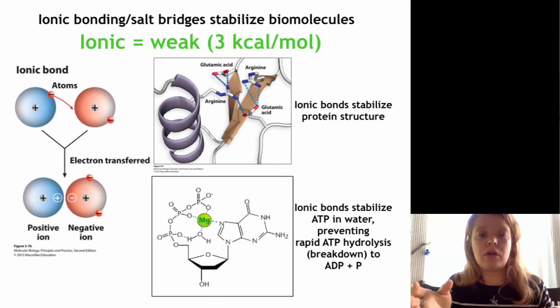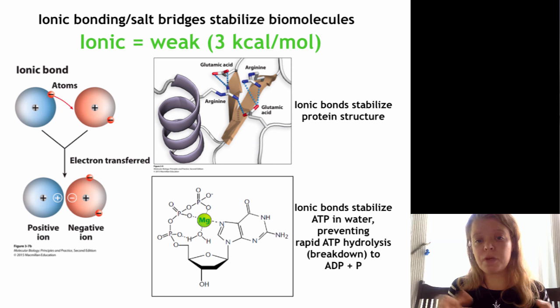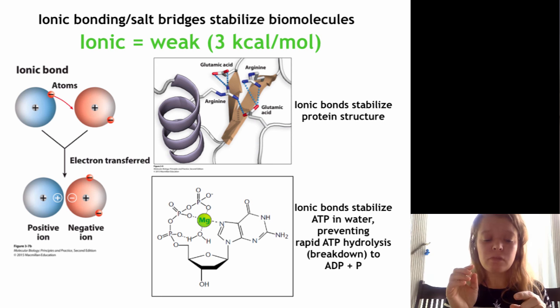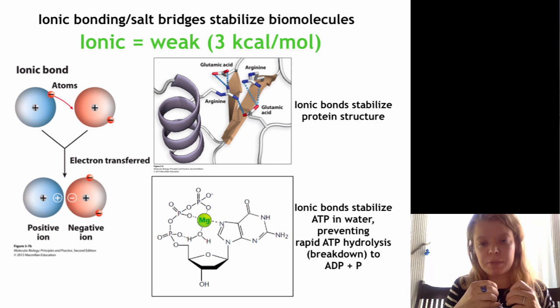Another important, famous ionic bond occurs when a salt that's just been dissolved in our cytoplasm, in this case magnesium, which carries a positive charge, creates ionic bonds with water and ATP.